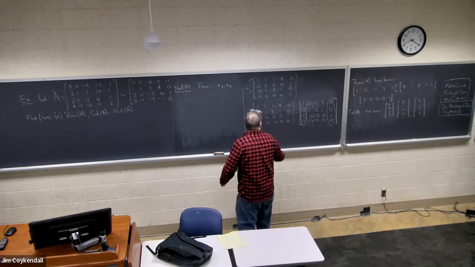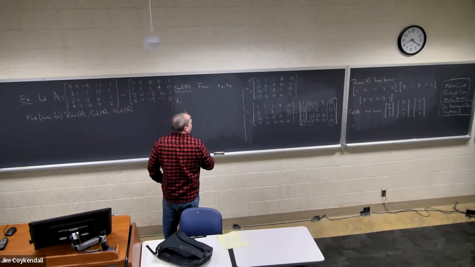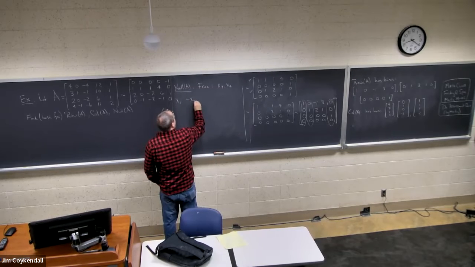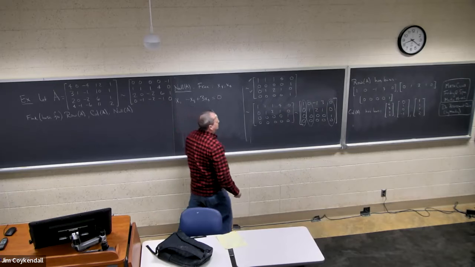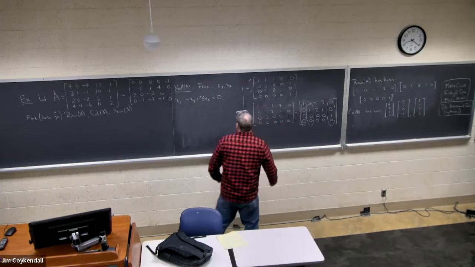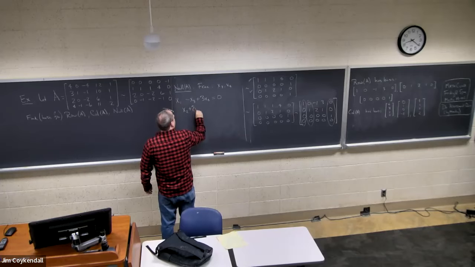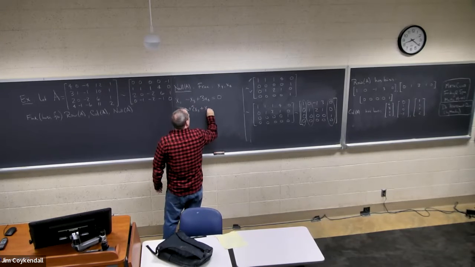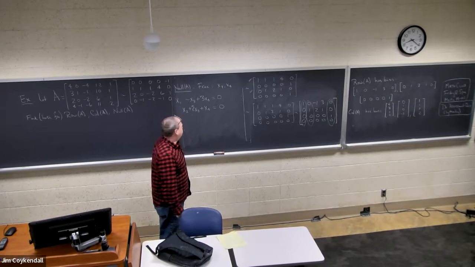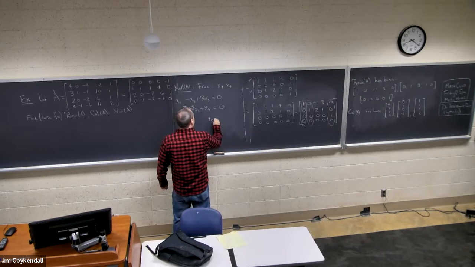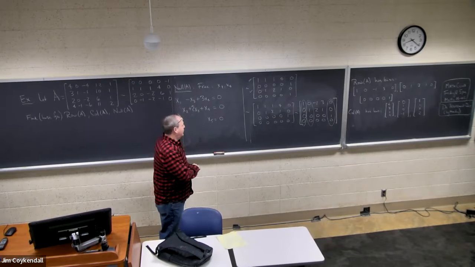So I get a couple of equations here. The first one across the top is x1 minus x3 plus 3x4 equals 0. And I get x2 plus 2x3 plus x4 equals 0. And the last equation is x5 equals 0. So your basic variables are all in terms of free variables.